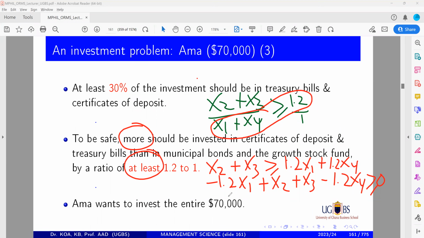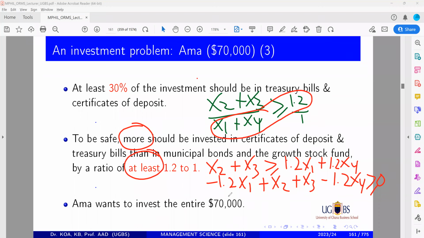But you don't know the X2 plus the X3. When we go to the one above, at least 30% of the investment, the word was of the investment, which means you knew the value of the investment, which was 70,000.